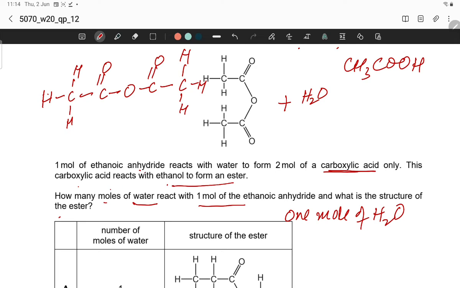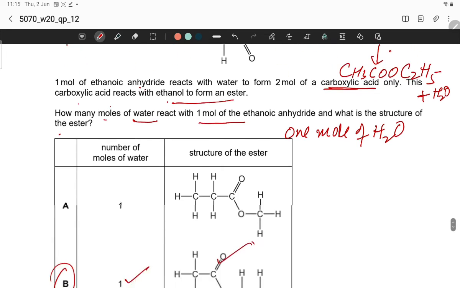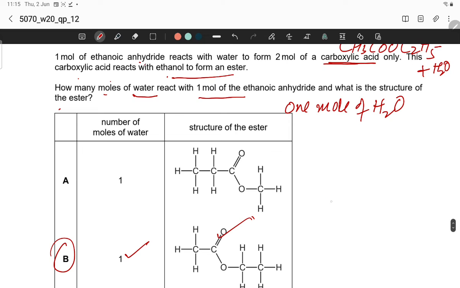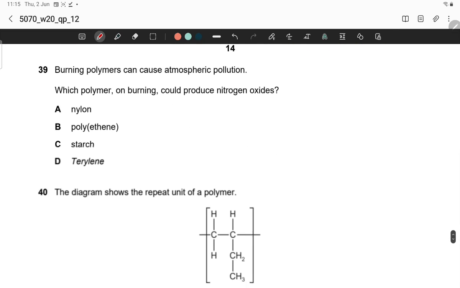This carboxylic acid reacts with ethanol, C2H5OH, to form an ester: CH3COOC2H5 plus water. So this is the correct option. B must be correct.